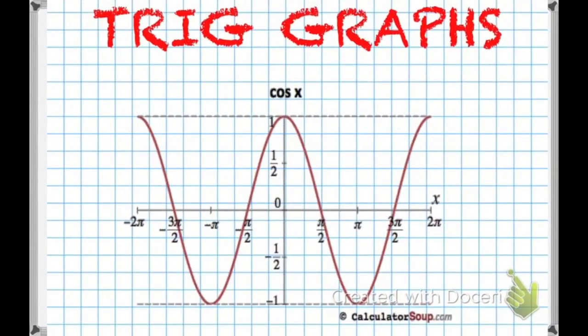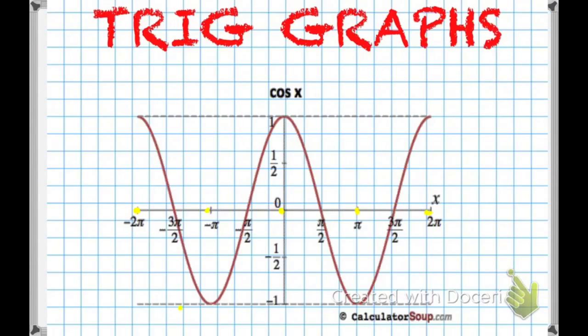With the cos graph, we know when the slope is equal to 0. And from negative 2 pi to negative 3 pi over 2, the rate of change is decreasing. So here.